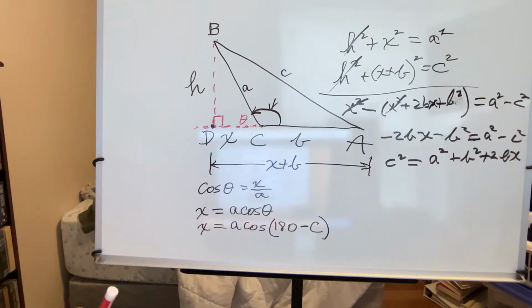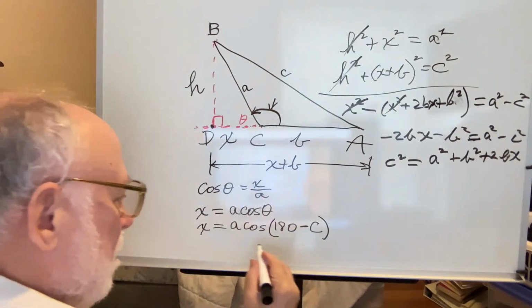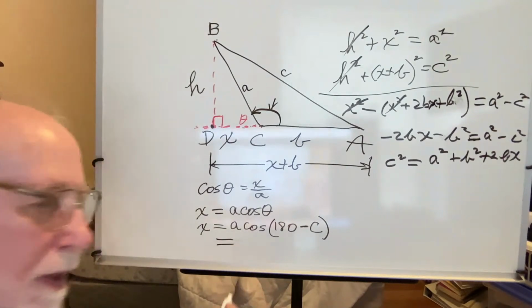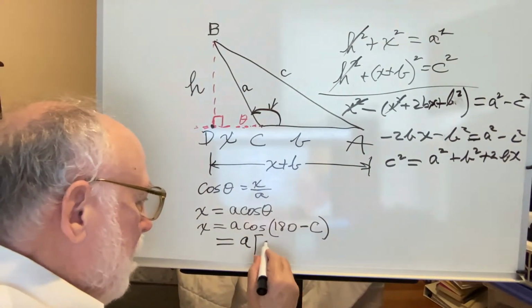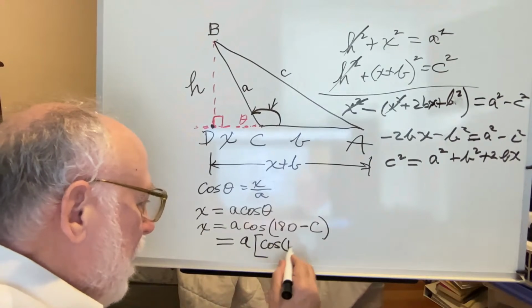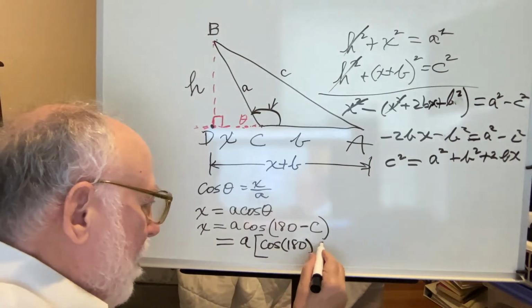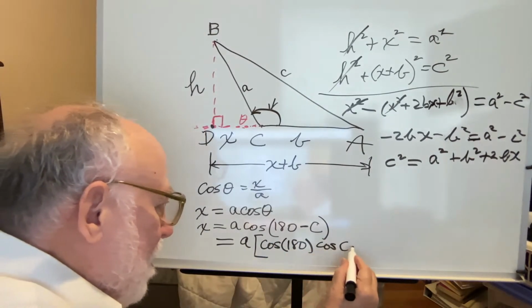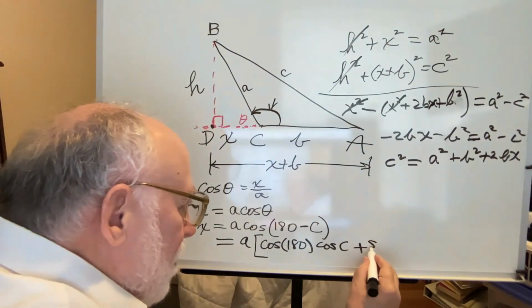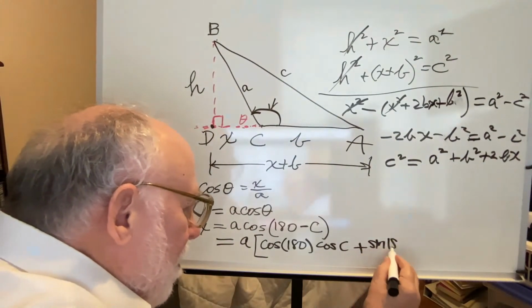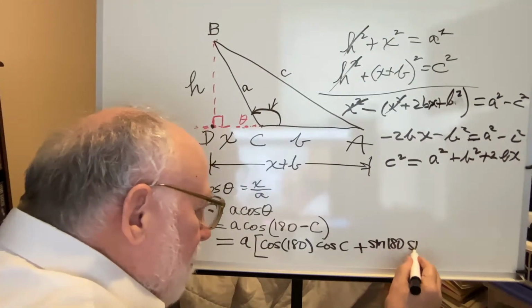However, there is a double angle formula, which we could prove some other time, which tells you that this would be a times cosine 180 cosine c plus sine 180 sine of c.